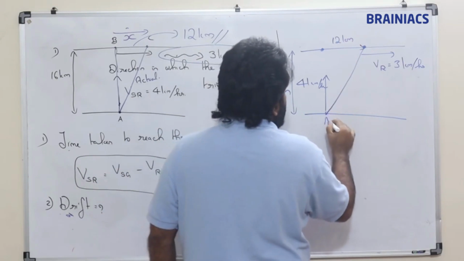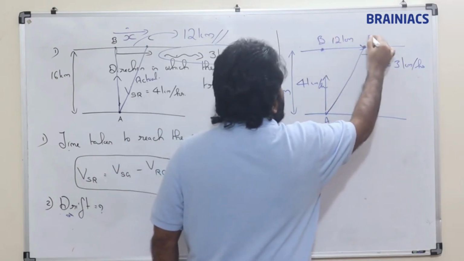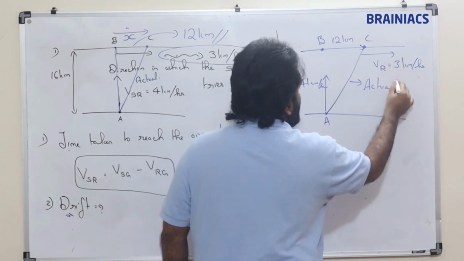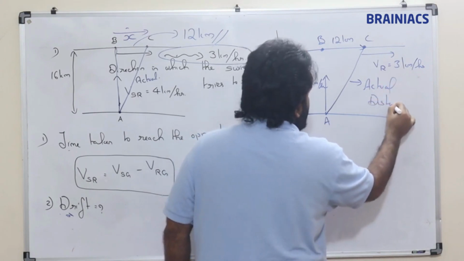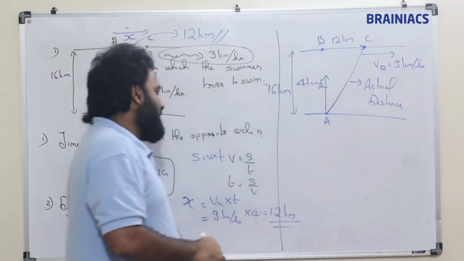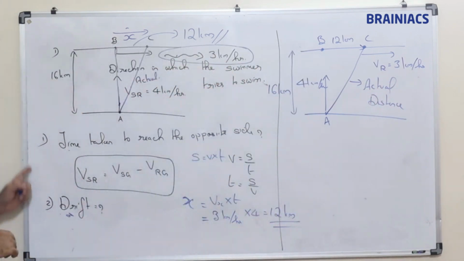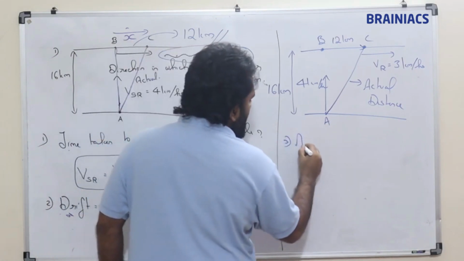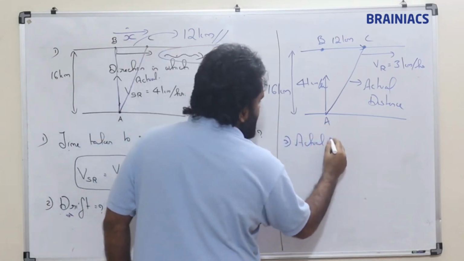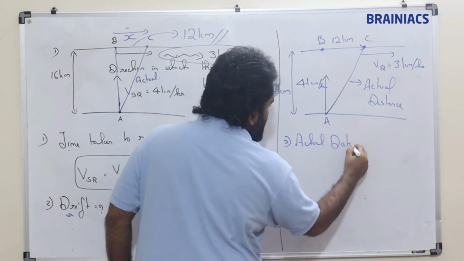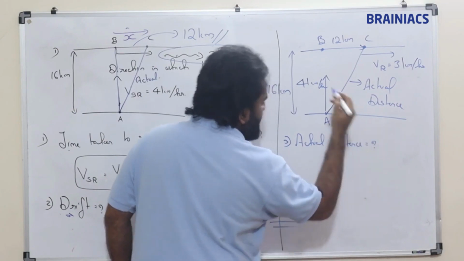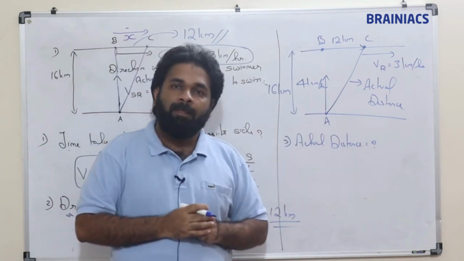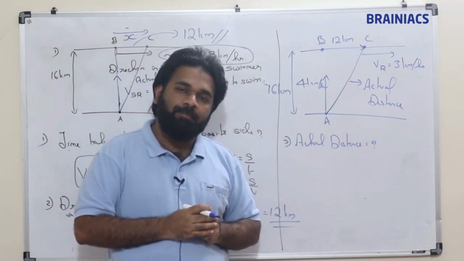So if this is A, this is B and this is C, this AC is the actual distance covered. After these two questions, another possible question is the actual distance, the real distance. So how to find the actual distance?